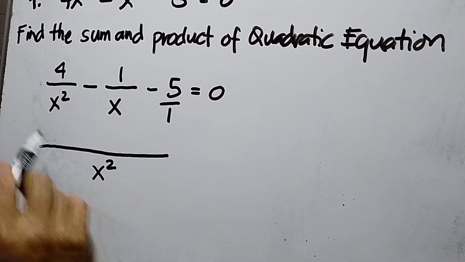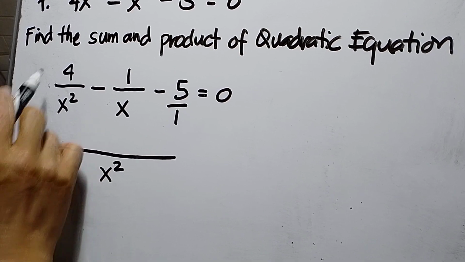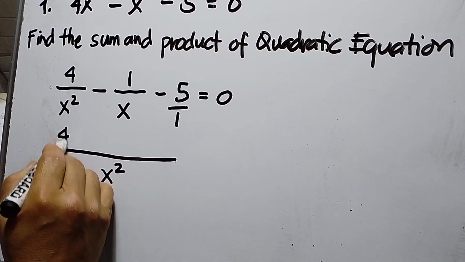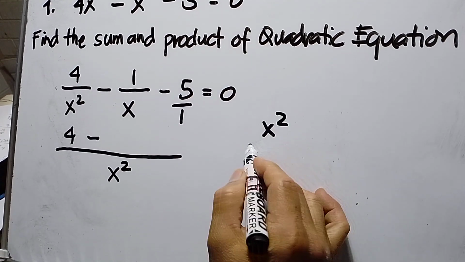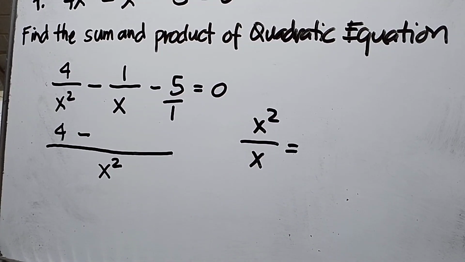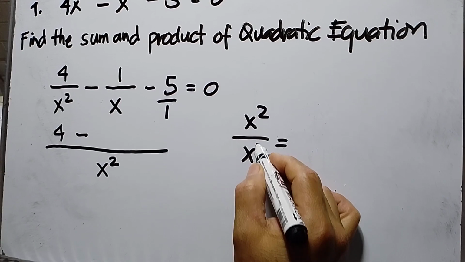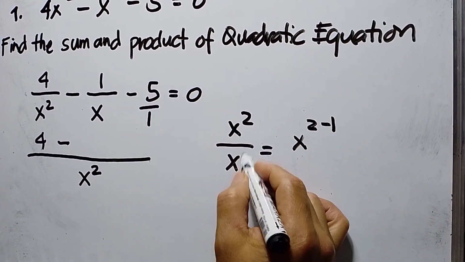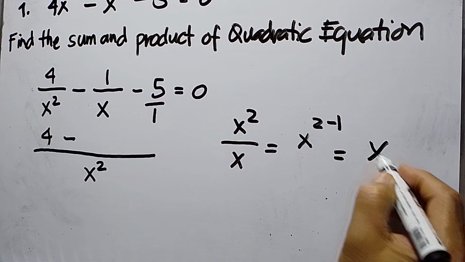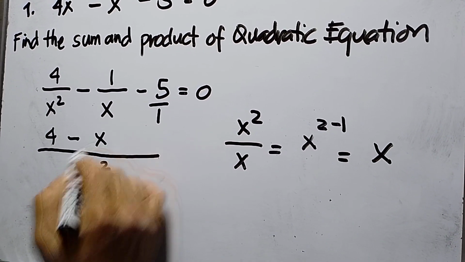So x squared divided by x squared is 1 times 4, so it will be 4, minus x squared divided by x. By using the index law, x squared minus 1, because there is an exponent of 1, this will be x.